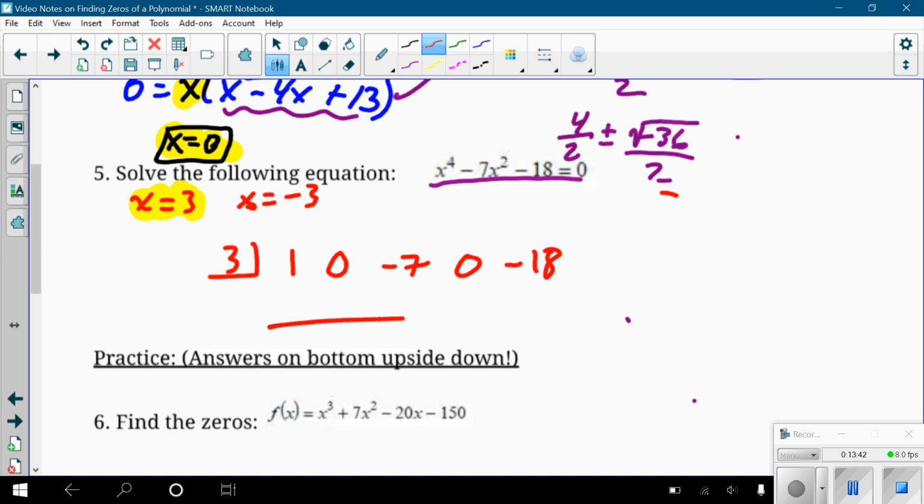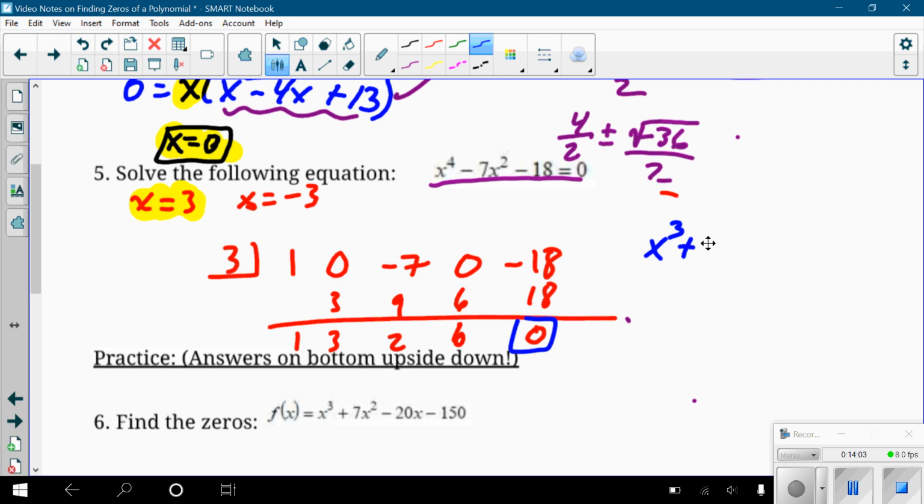So I'm going to do my synthetic real quick. I got a remainder of 0. Perfect. That's what I wanted. And what I'm left with here is cubic, because it was 4th degree and I divided by a 1st degree. So I have x cubed plus 3x squared plus 2x plus 6 equal to 0.